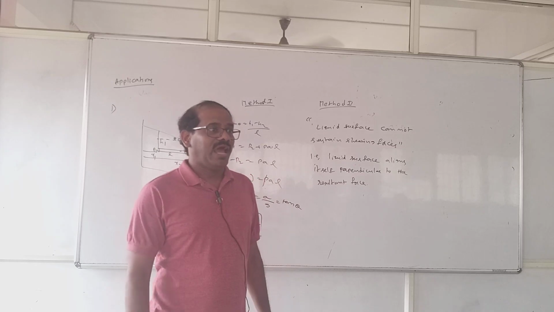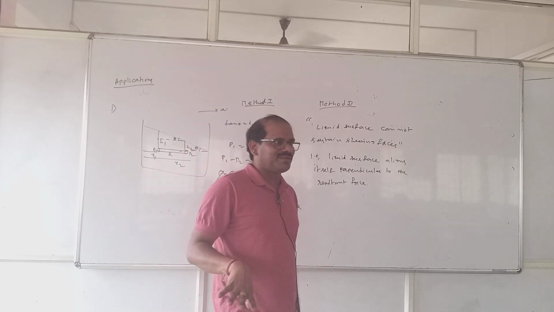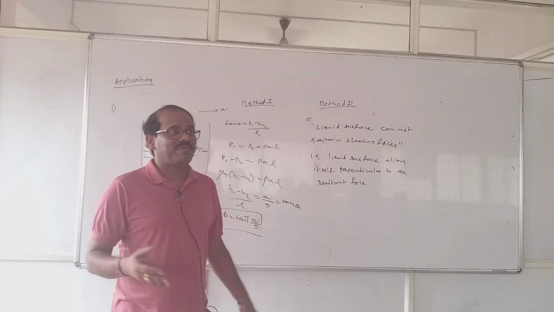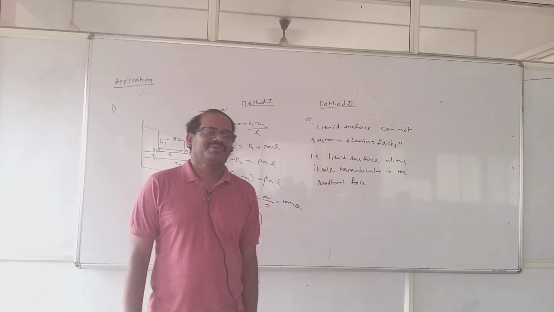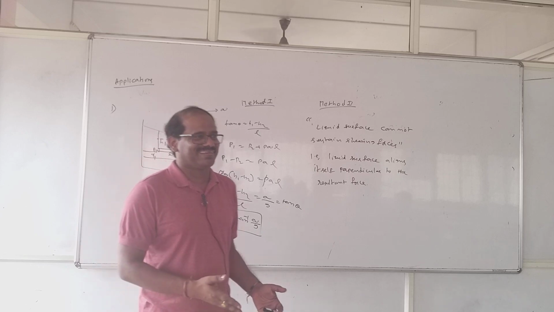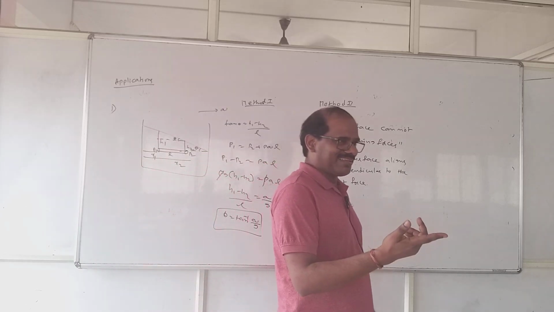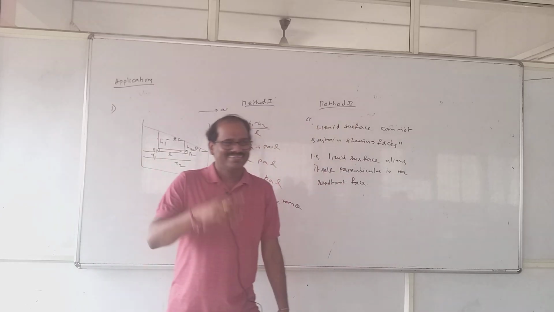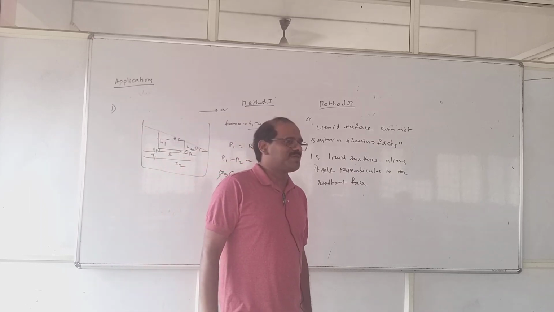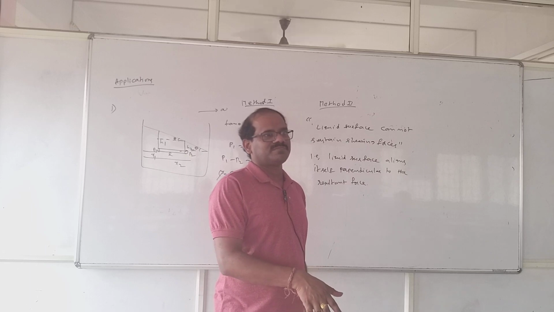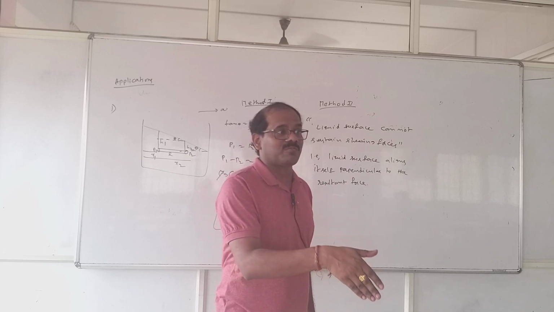Have you ever thought why you sleep only horizontally? Why is a bed required? Why don't you sleep standing like this? Mummy, good night. Have you ever slept like that? Wow. We want that the gravitational force should not affect our body.